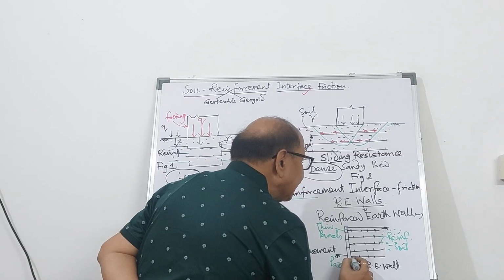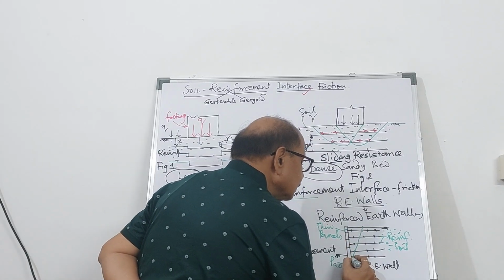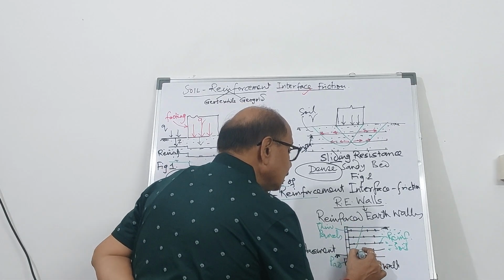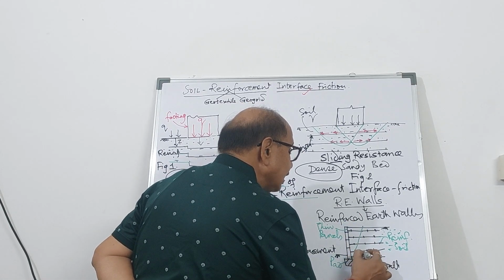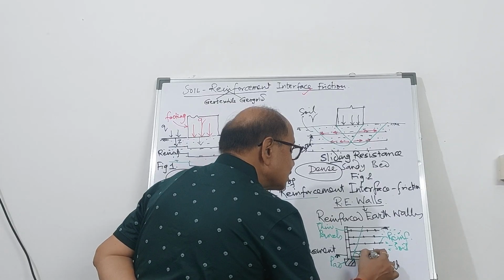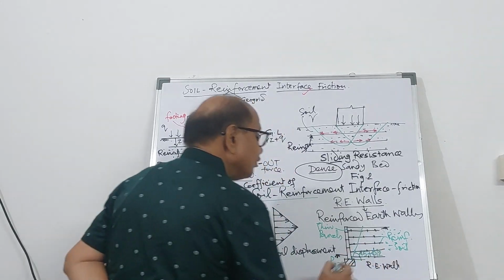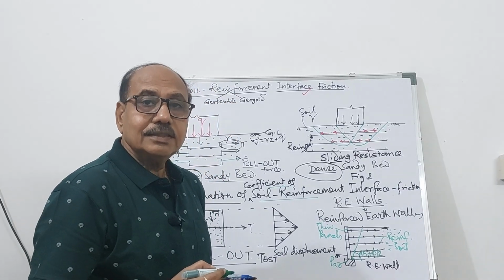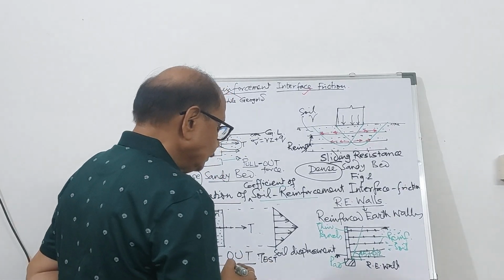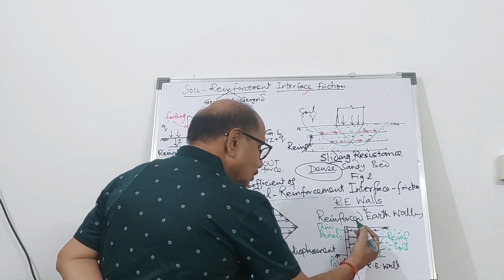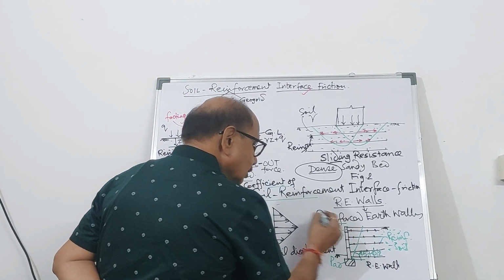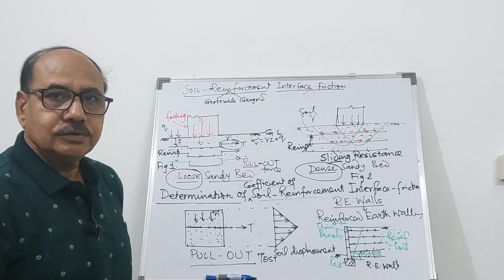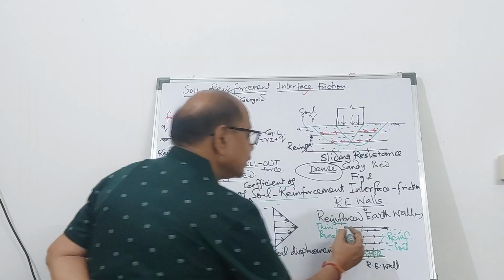And the failure plane, the slip line, is at an angle of 45 plus phi by 2 with the horizontal, where phi is the angle of internal resistance. So, due to the movement of this wall, pull out, this is reinforcement.